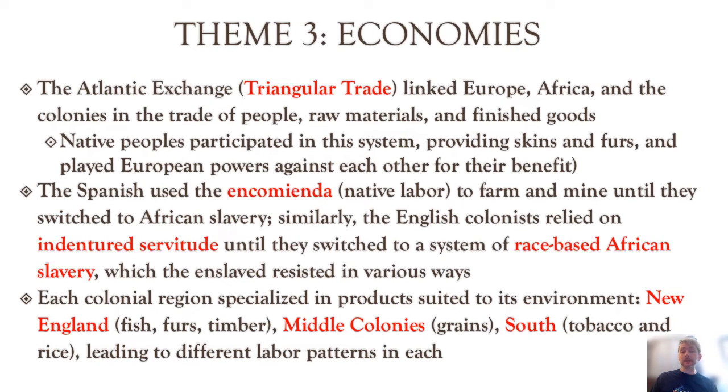Race-based African slavery in both Spain and the English world will become the dominant labor form as the supply of enslaved people increases through the 18th century. Starting around 1700, you can see the slave voyages increasing dramatically across the Atlantic.